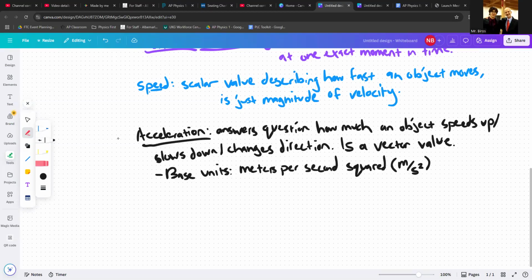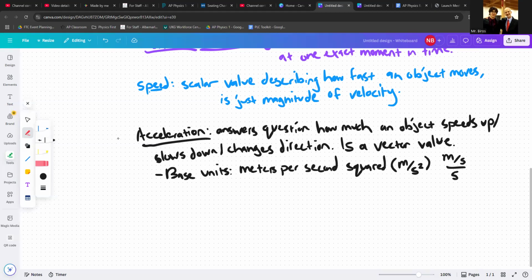So a way that I like to think about the units of acceleration, you don't have to write this, but I'll write it briefly here as an example, is you could do meters per second per second. That at least helps me visualize, hey, acceleration is a change in velocity. In the numerator here, I've got meters per second, my velocity, it's changing. Could be increasing, could be decreasing, could just be changing direction as well. So speeding up, slowing down, or changing direction.